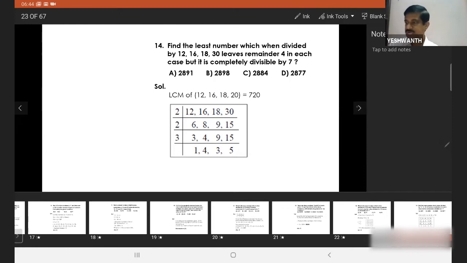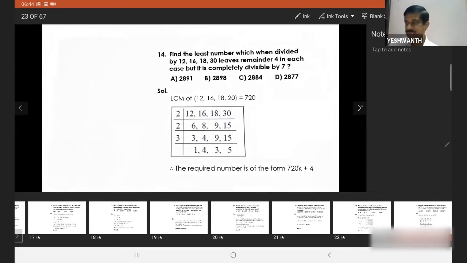So the number should be 720 times some constant plus 4. Same thing we did. When we did the first problem, we used this technique. In the second problem, we directly did it without taking these things. So now let us see.